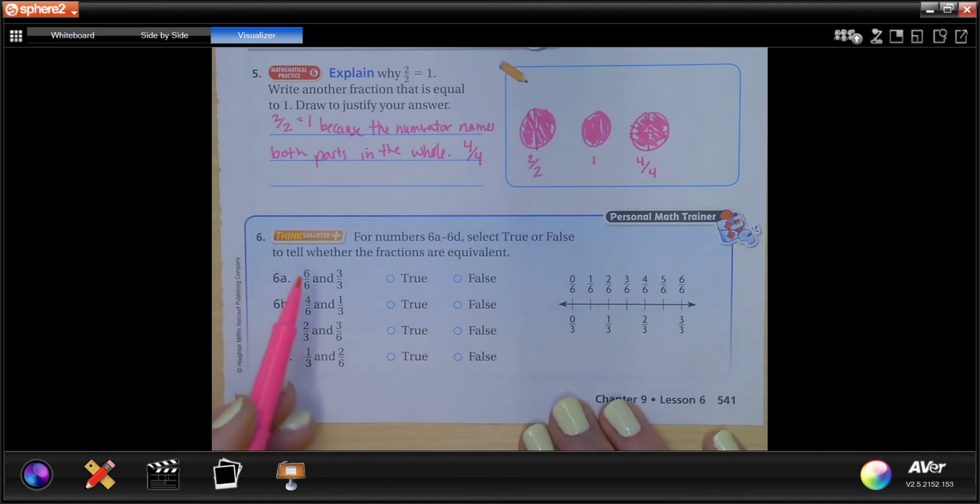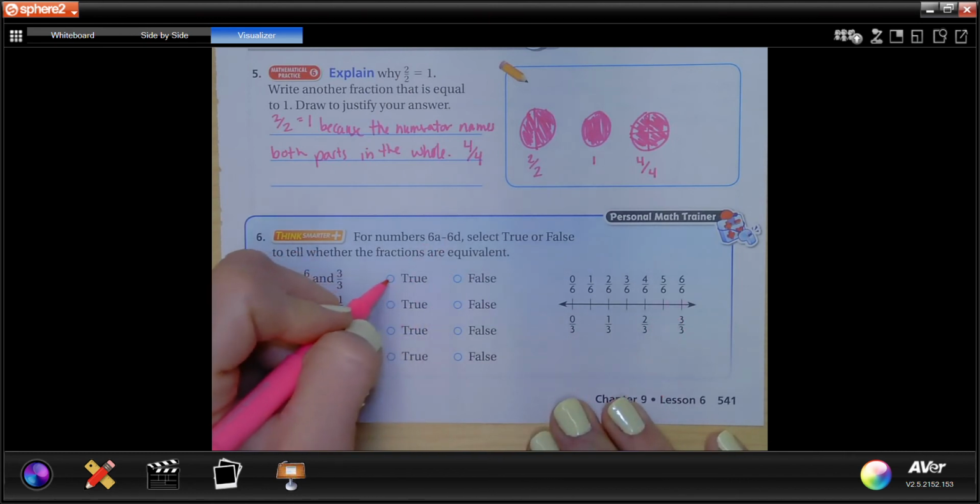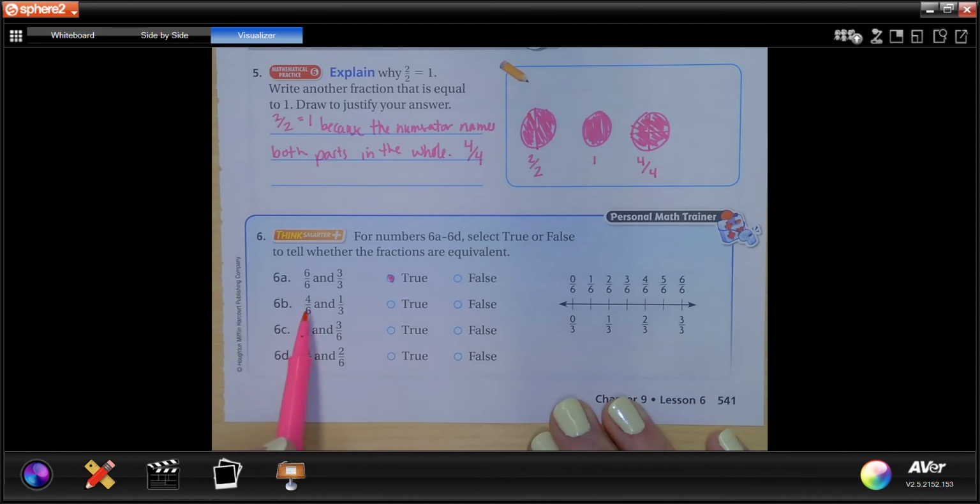Number 6. For numbers 6a through 6d, select true or false to tell whether the fractions are equivalent. 6a. Are 6/6 and 3/3 equivalent? 6/6, 3/3. Yes, they are. Are 4/6 and 1/3 equivalent? 4/6, is that equivalent to 1/3?